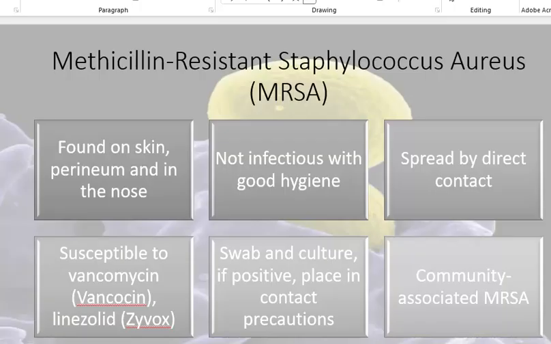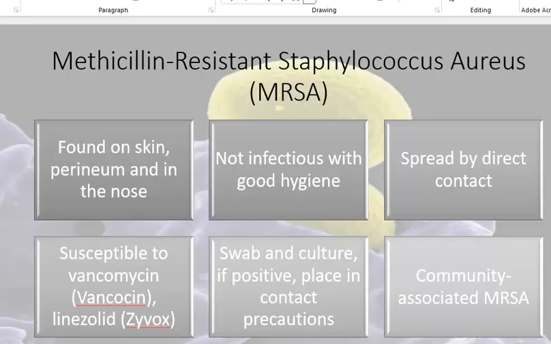You will see that done a lot for patients coming into places like the unit. Community-associated MRSA causes infections in healthy, non-hospitalized individuals, especially on college campuses, in prisons, and in crowded living areas like long-term care areas. It is easily transmitted.